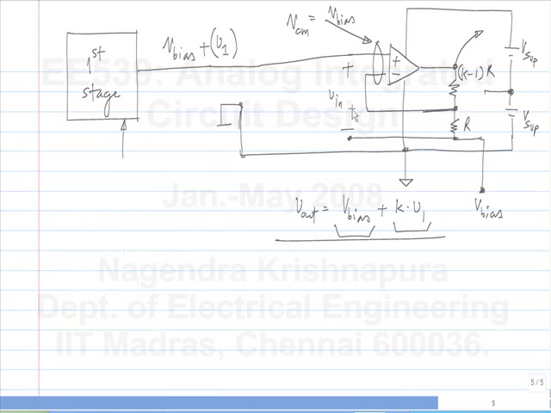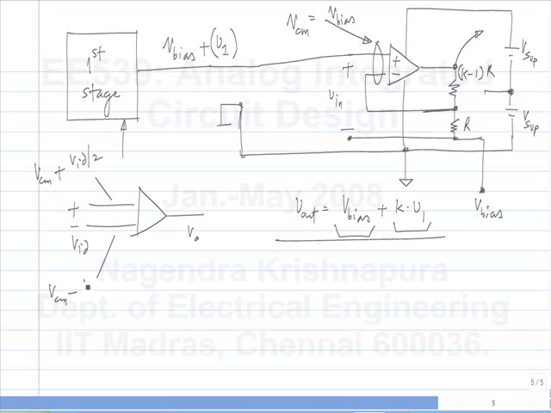Now, I said that the behavior of the op-amp will not depend on what the input bias value is, what the input common mode voltage is. So, I want a certain set of characteristics between the differential input VID and the output. Now, the absolute values of the inputs will be some common mode voltage plus VID by 2 and some common mode voltage minus VID by 2.